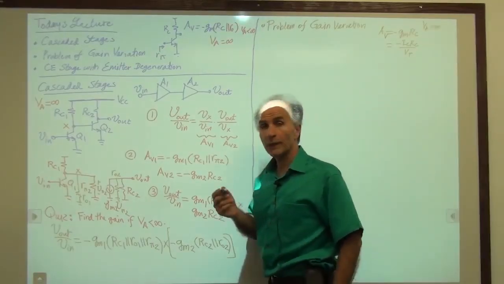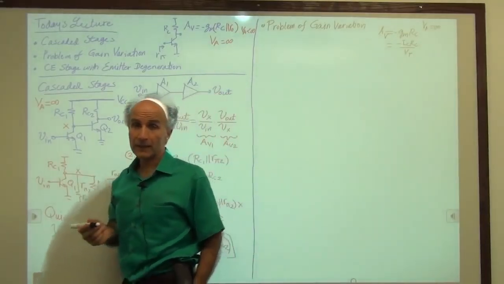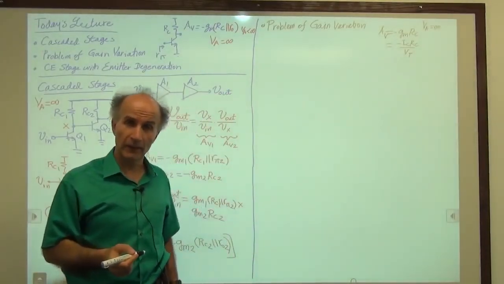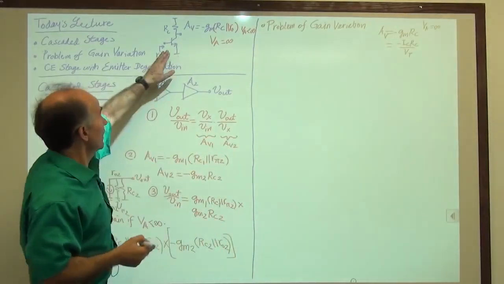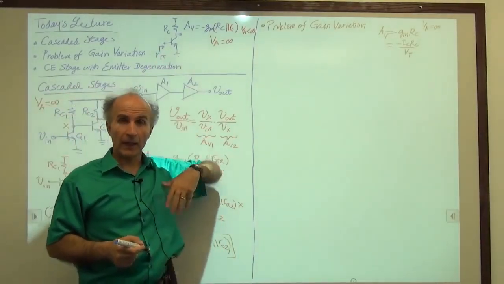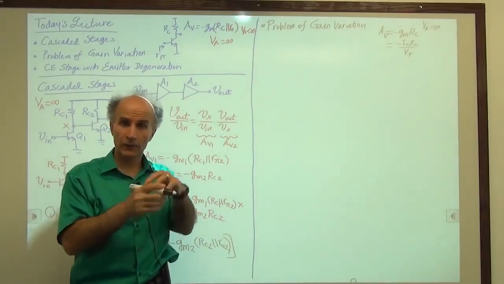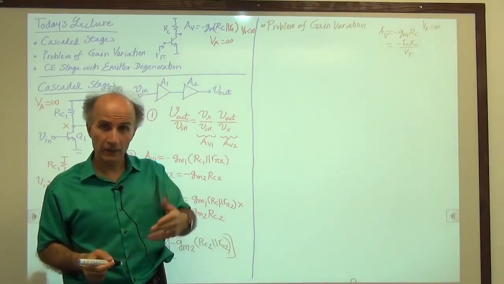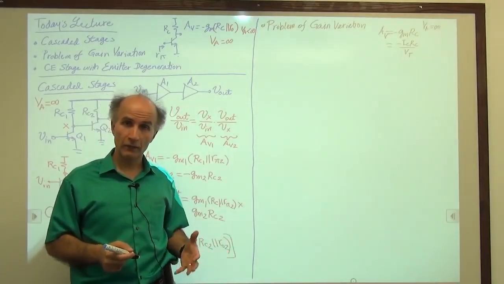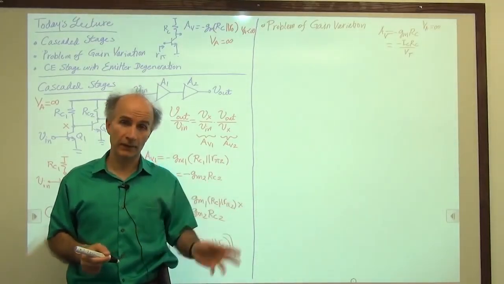Is this gain well defined? Is this gain reproducible? Meaning that if I build an amplifier, a basic common emitter amplifier, and I put it in a package, put it in a box, and give it to you, and you start using it. Use it today, use it tomorrow. I give you 10 of these amplifiers because you need 10 of them.